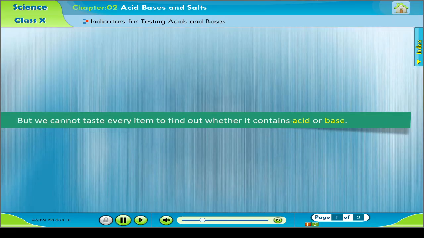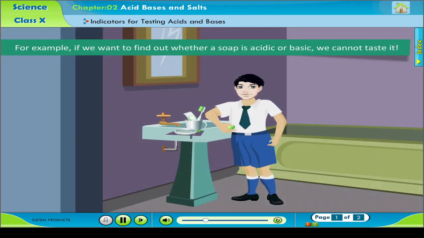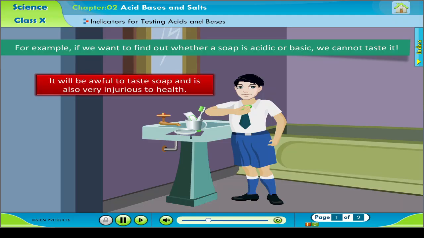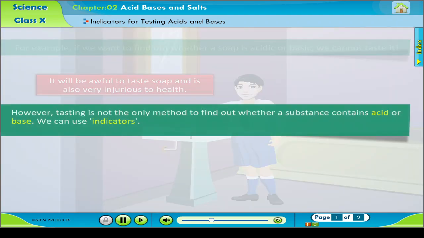But we cannot taste every item to find out whether it contains an acid or a base. For example, if we want to find out whether a soap is acidic or basic, we cannot taste it. It will be awful to taste soap, and it is also very injurious to health. However, tasting is not the only method to find out whether a substance contains an acid or a base.